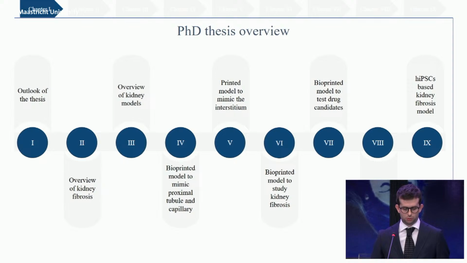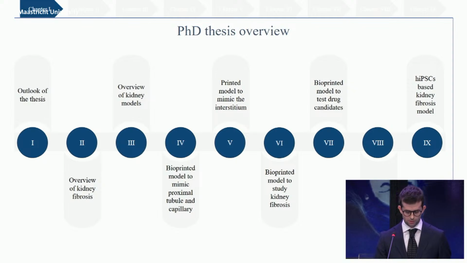Then in chapter 6 and also in chapter 7, we focused more on kidney fibrosis, and also we tested a possible drug candidate for this application. And finally, in chapter 8 and also in chapter 9, we focused more on stem cells. And in chapter 9, we also started to develop the first steps toward the production of a more complex kidney fibrotic model.